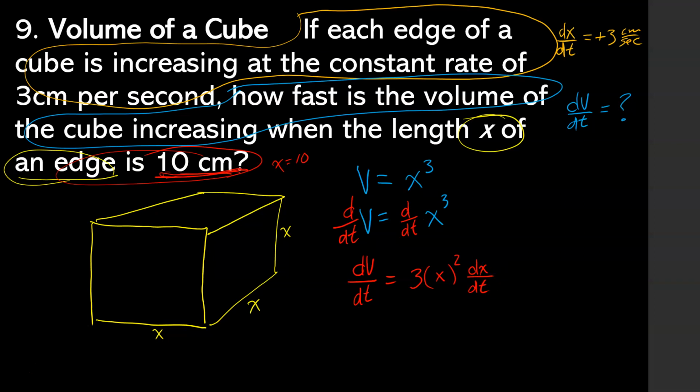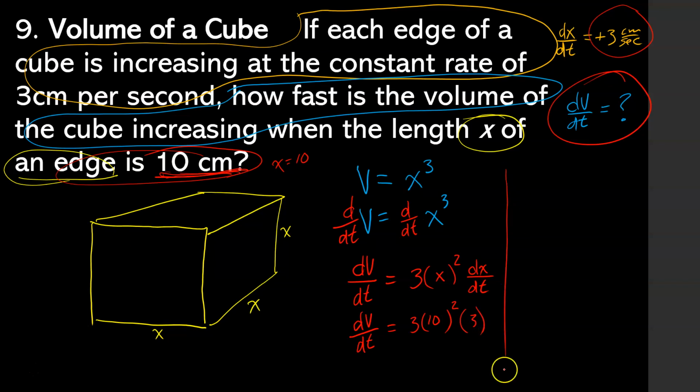So let's go back and fill in everything. dv/dt is what we're looking for, so we'll leave that alone. We can put the x equals 10 in now. And dx/dt, we already found that up top. That was 3 centimeters per second. And so dv/dt is equal to 900. And then what would that be measured in?